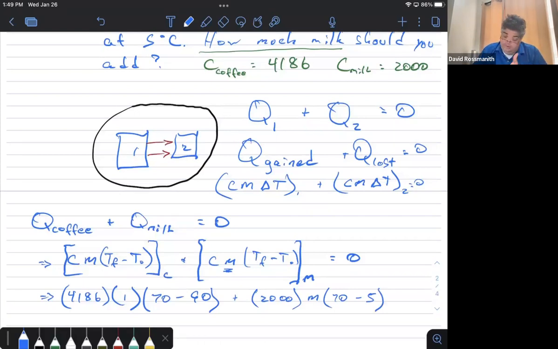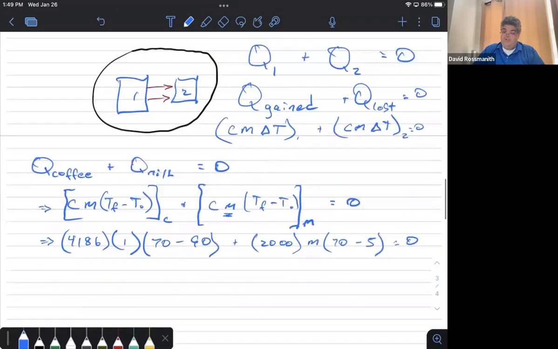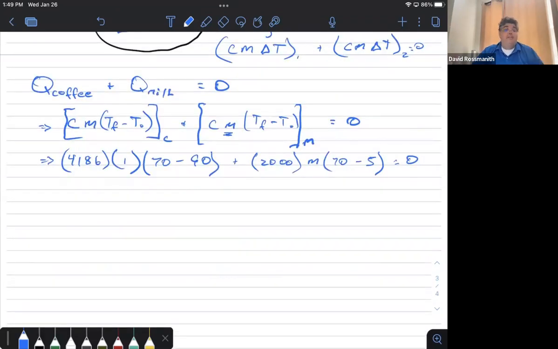So there's the stuff for the milk. And again, coffee plus milk equals 0. And now you see the equation I have to solve. One unknown sitting there, everything else is a bunch of numbers. So let's try it. First of all, 70 minus 90 is negative 20.